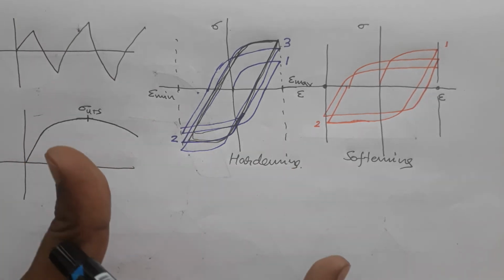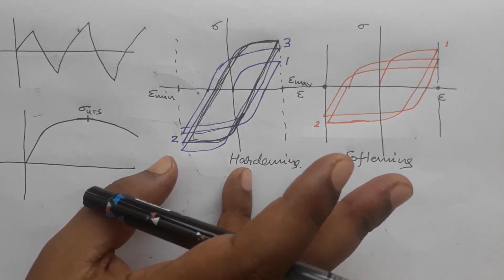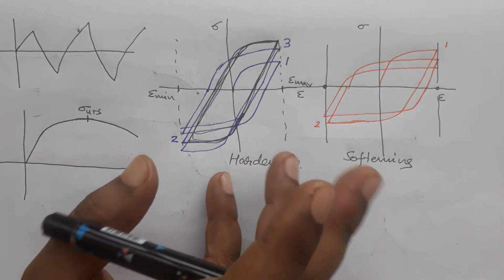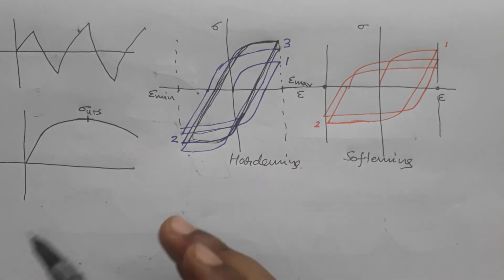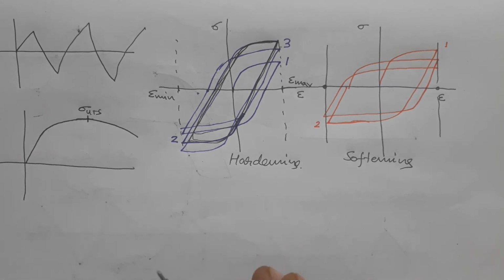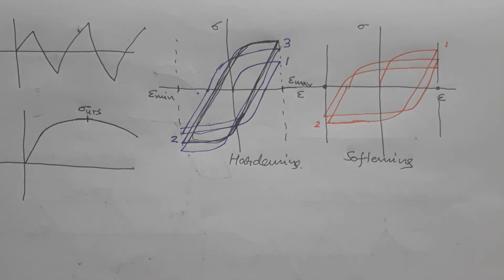But it is not exactly what is happening in cyclic loading, but you can imagine it in analogy to this one. So what happens is, the material gets hardened, but after some time it cannot harden further, and similarly in a softening material it cannot soften further.